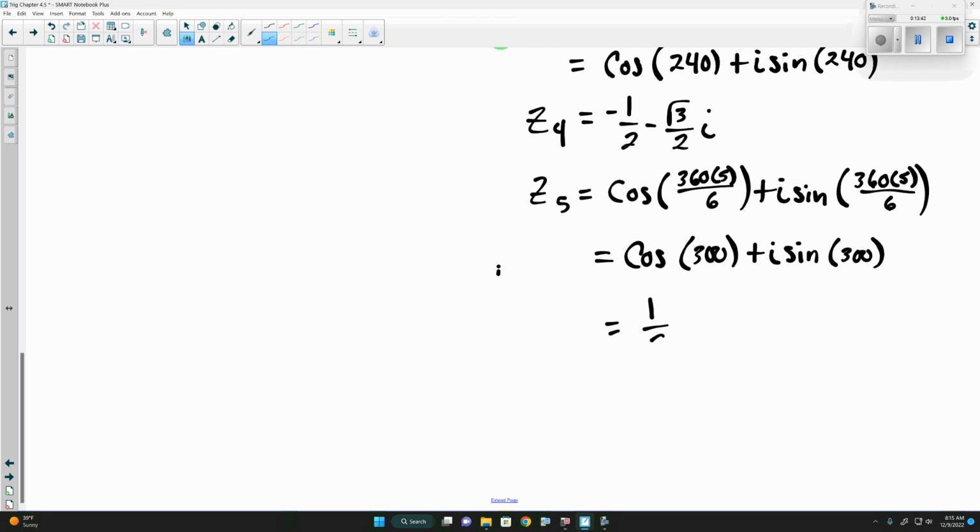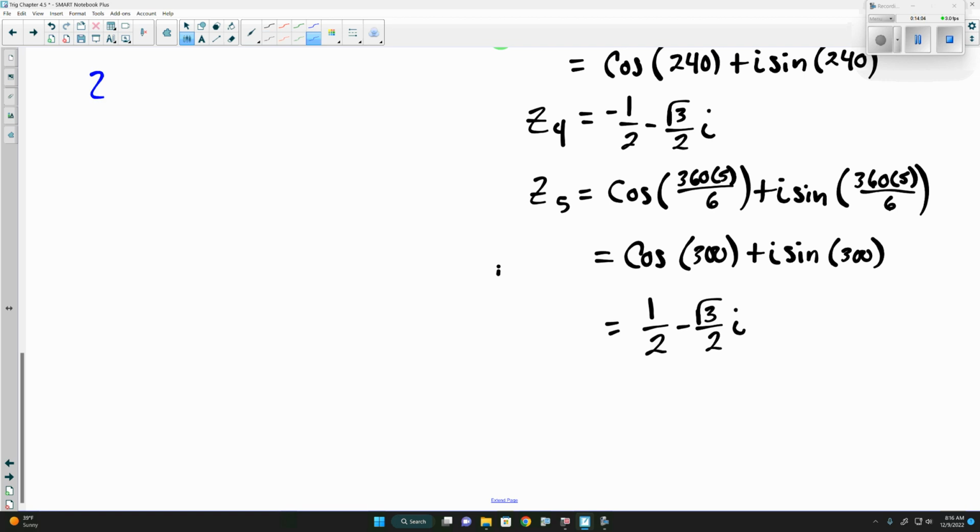The calculator is going to tell us that we have 1/2 minus square root 3 over 2 I. And that's really it.